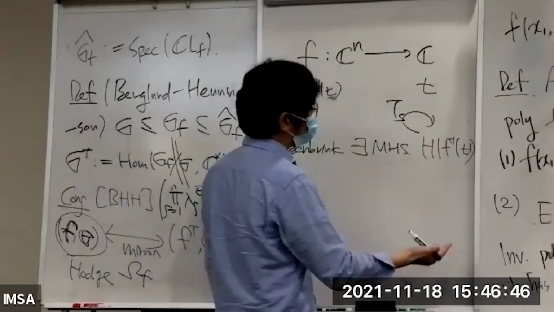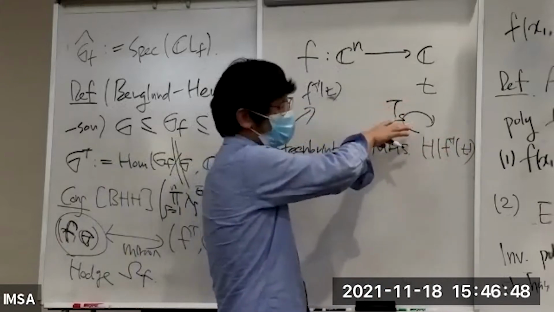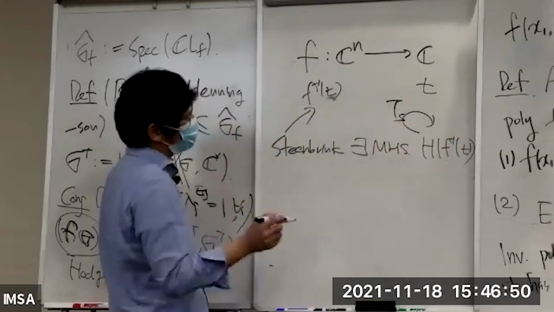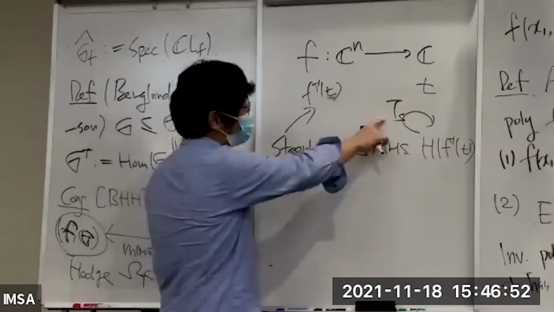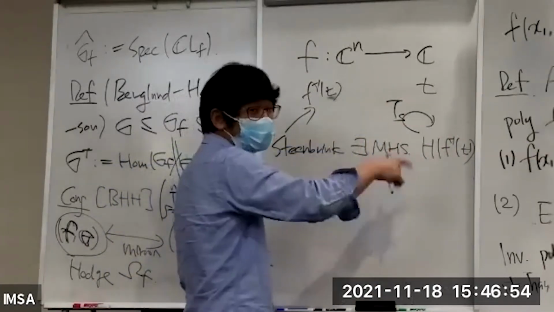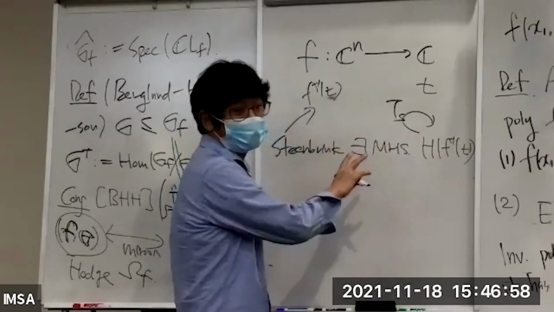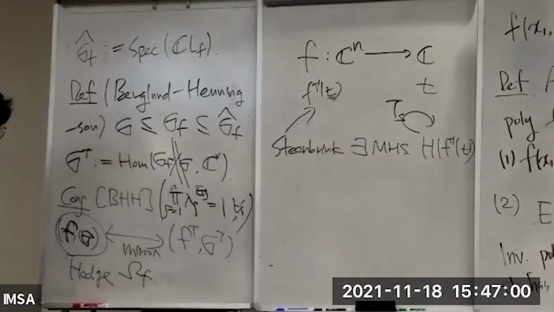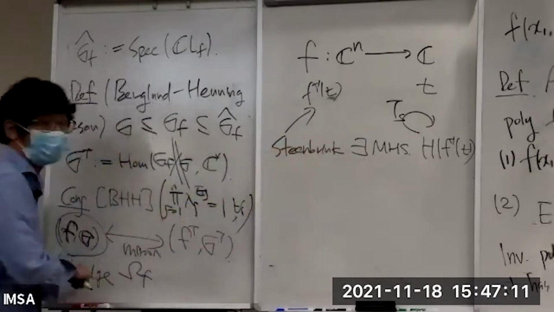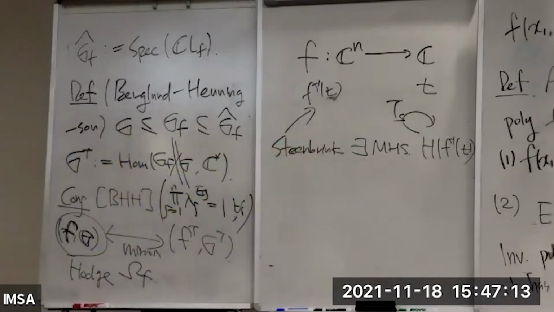This mixed Hodge structure is compatible with this, and the spectrum was the eigenvalue of the semi-simple part of the action, the action of the semi-simple part of this monodromy. To be honest, I should be a little careful. At the vector space level, I think the dimensions here and there are the same, but I haven't checked that.